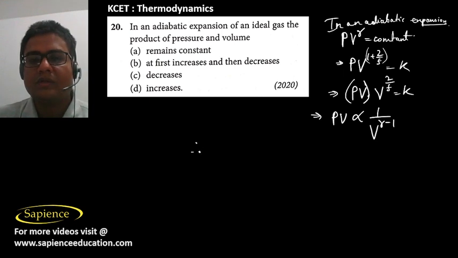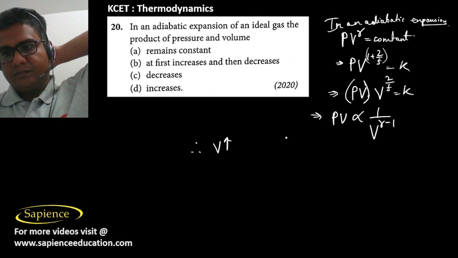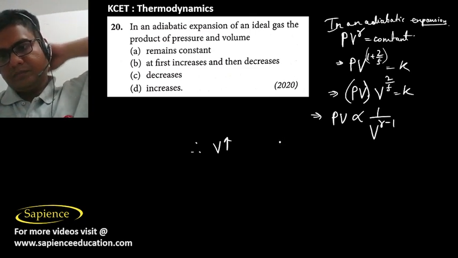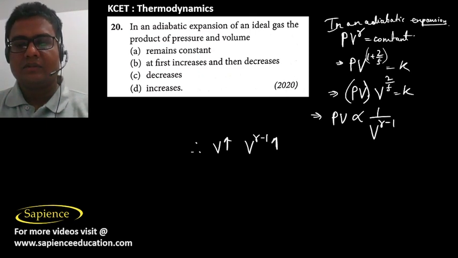So now, when volume increases, then V power gamma minus 1 will also increase. So it means that 1 by V power gamma minus 1 will decrease.